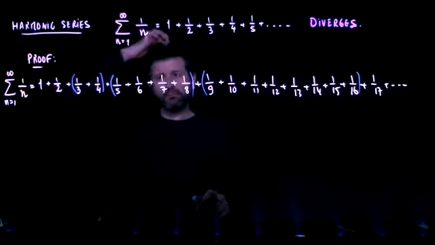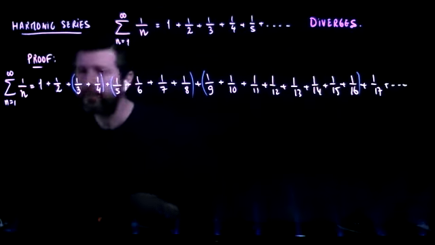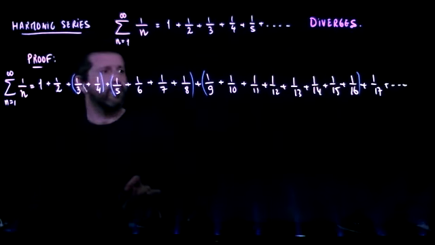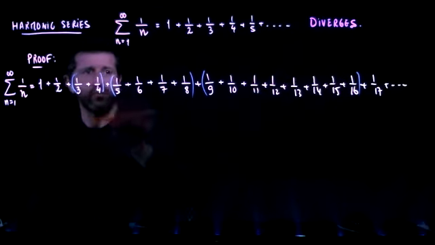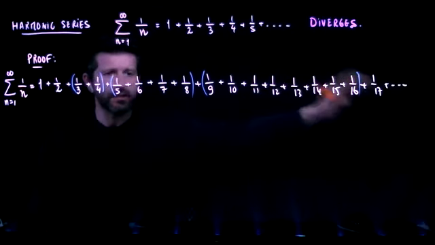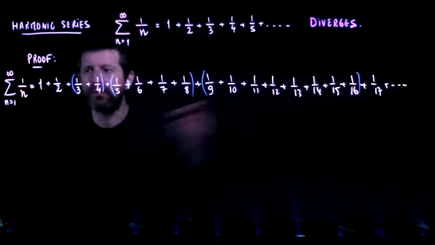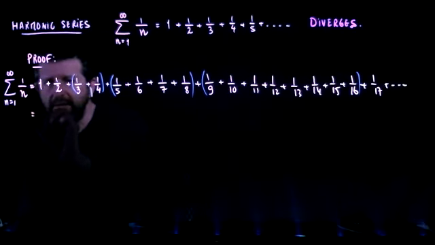I could keep grouping forever like this: 2, 4, 8, 16. The next 16, I could group them as well. And I'm going to write like this.